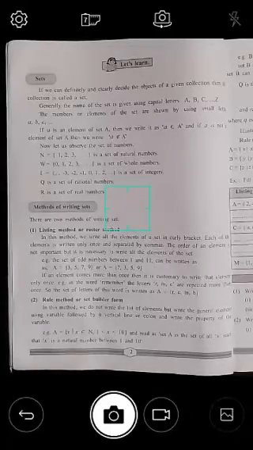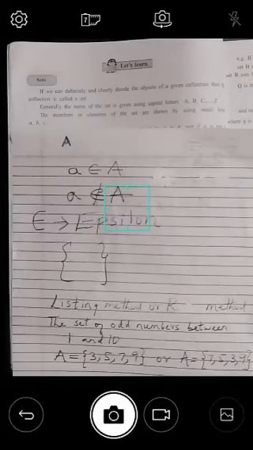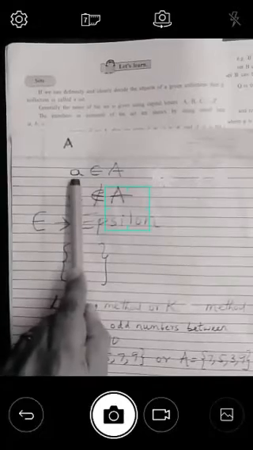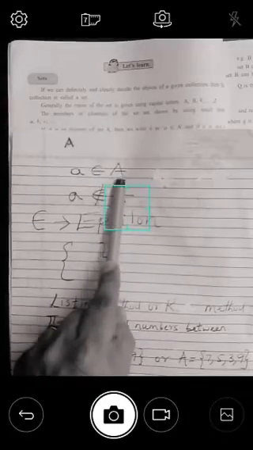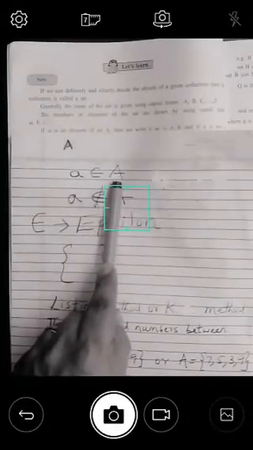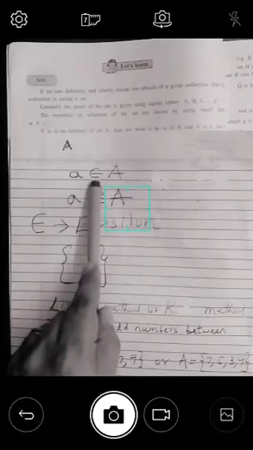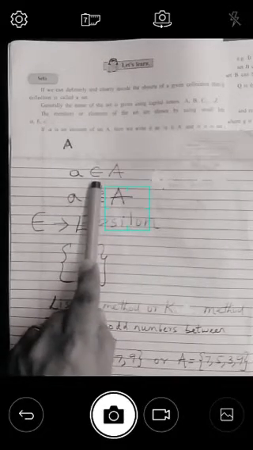Now consider an element a which is in the set A. Then we say that a belongs to set A, or a is an element of set A. This symbol is known as epsilon.